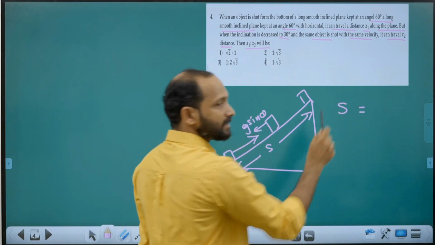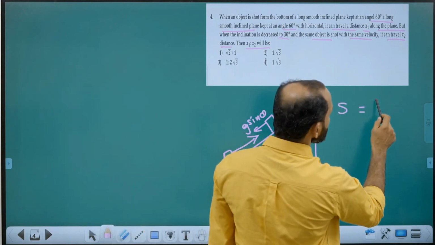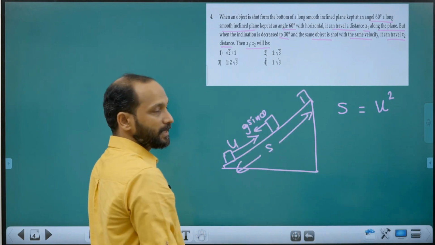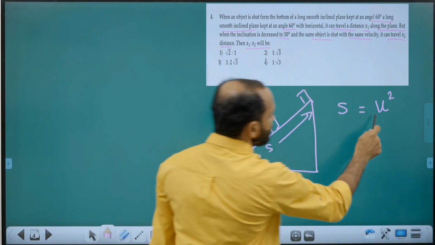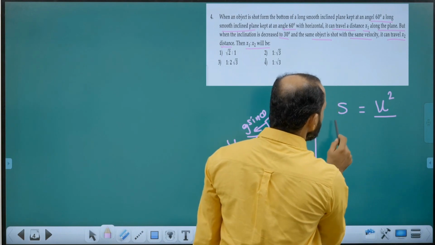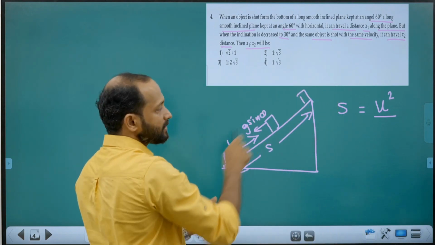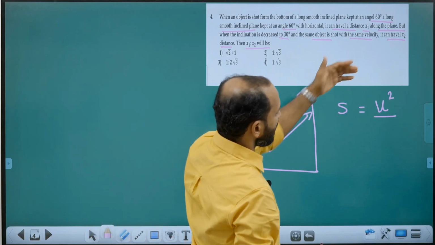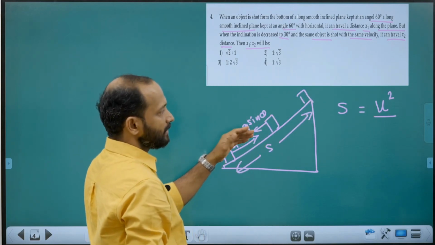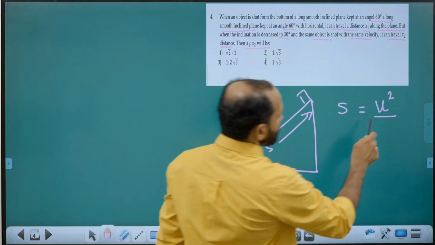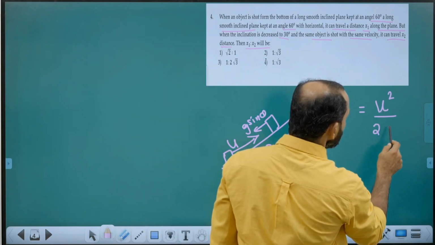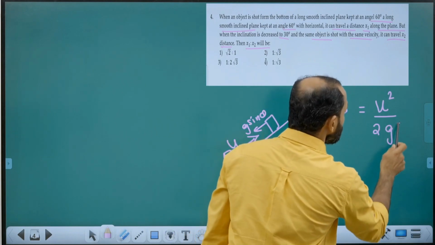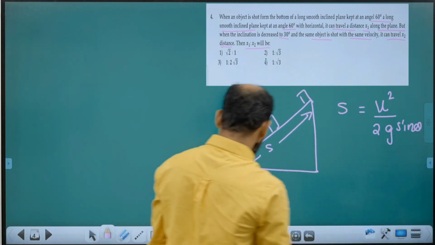The stopping distance along the plane is equal to the initial speed square, say u is the initial speed, u square divided by 2 times the retardation. What is the retardation here? Retardation is g sine theta.